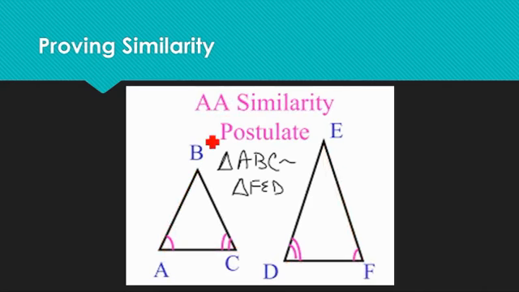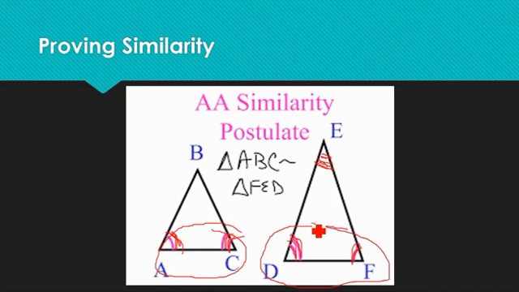All right. Next is the angle angle similarity postulate. If angle A is congruent to angle F, and angle C is congruent to angle D, that means angle E must be congruent to angle B. Why? Because we know that 180 degrees is the sum of the interior angles of a triangle.